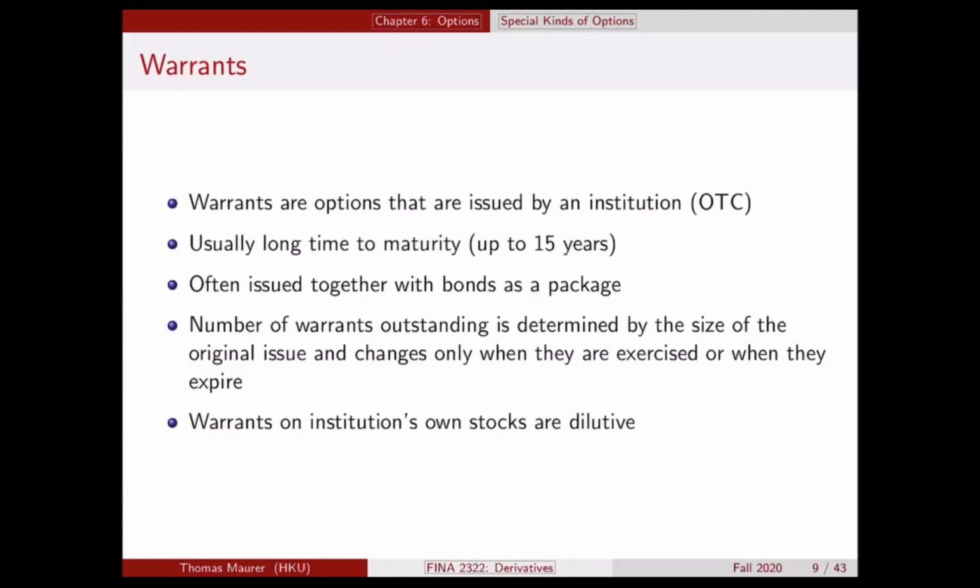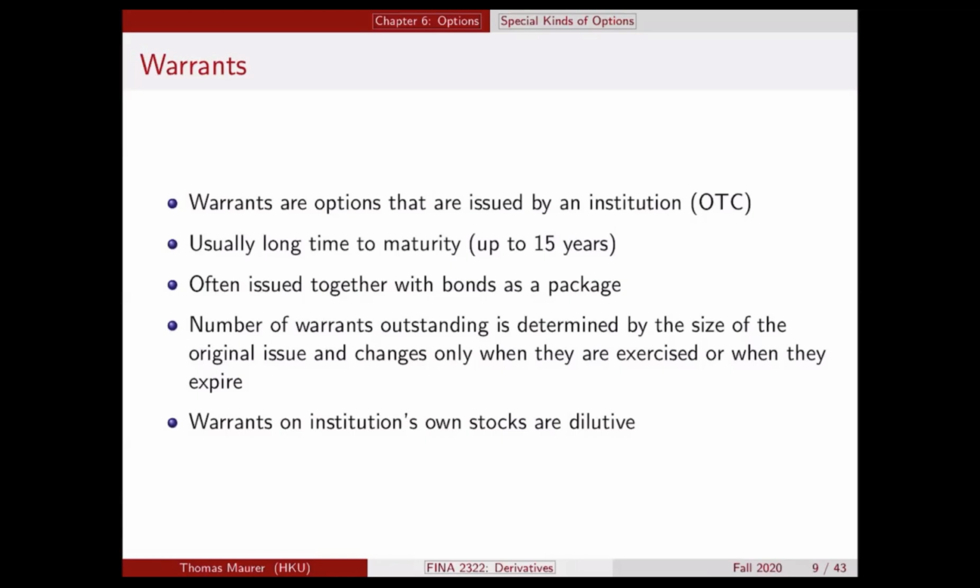And therefore, these owners of the warrants have some upside potential in the stock price. In contrast, if you otherwise just lend to the company, then it doesn't really matter to you whether this company becomes the next unicorn or whether they just do well enough to pay off their interest and debt. Because warrants are valuable, if you sell them together with bonds, you can effectively lower the interest rates.